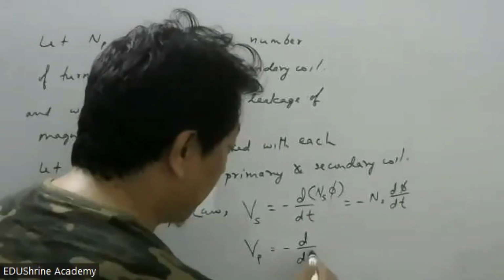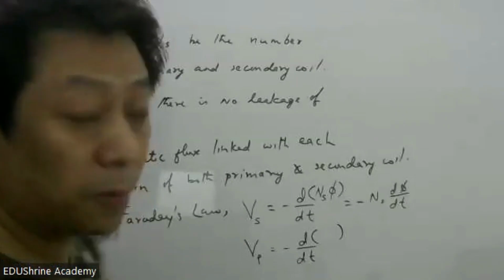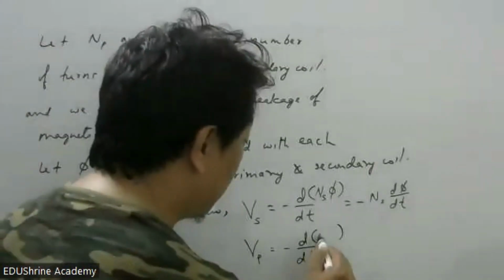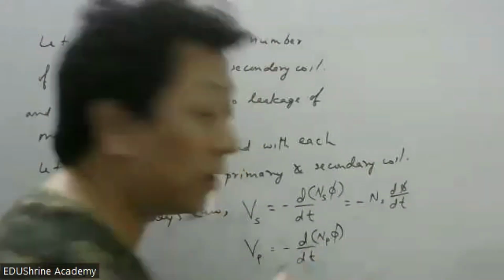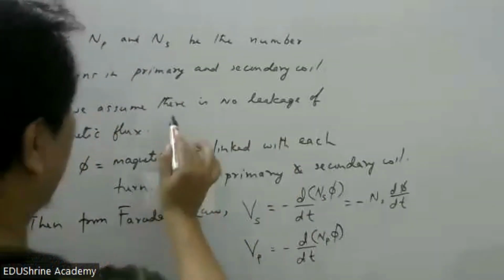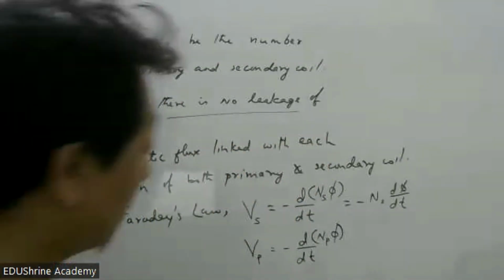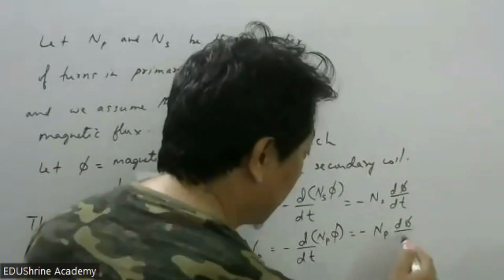Minus d by dt of the magnetic flux in the primary coil. What will be the magnetic flux in the primary coil? Number of turns in primary into the flux linked with 1 turn. But the flux linked with 1 turn is the same because I am assuming no leakage of magnetic field. So minus Np d phi by dt.